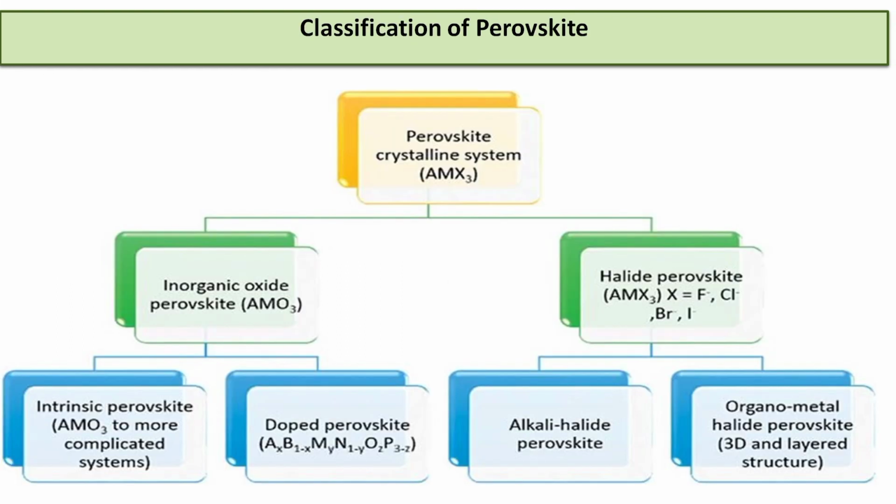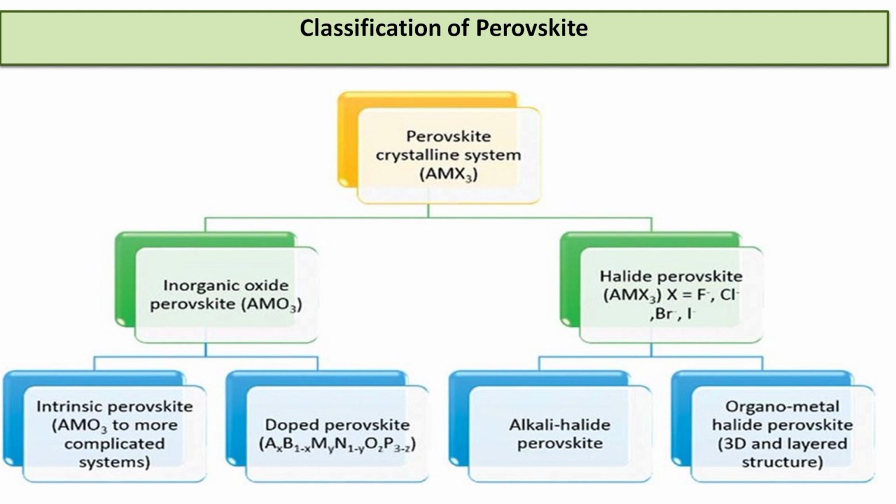So perovskites are classified into inorganic oxide perovskites and halide perovskites. Due to the presence of oxides in these perovskites, we can't use them for solar energy purposes, because these inorganic oxide perovskites have ferroelectric properties, due to which we can't use them in solar cells, as they don't have the ability to absorb light.